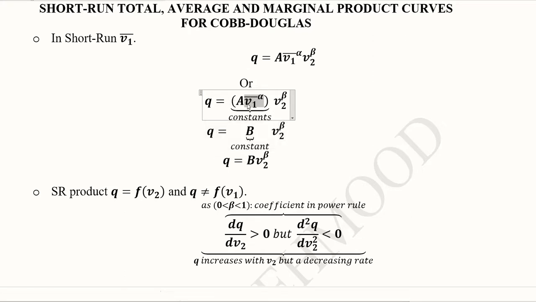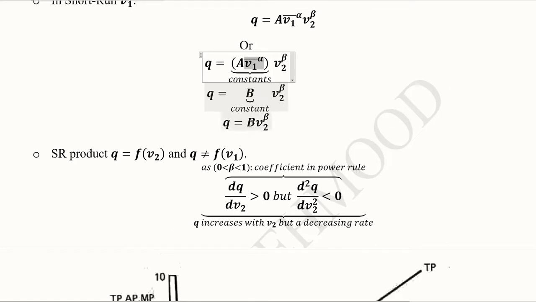instead of A into V1. So B is a suitable notation for this constant, which is the product of these two terms. Finally, we can write this short run production function like this.